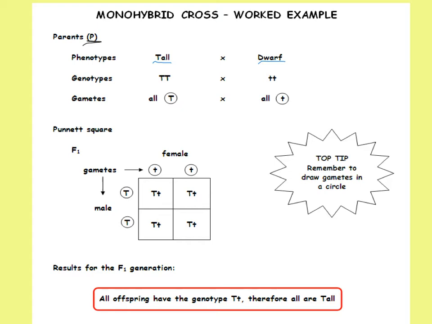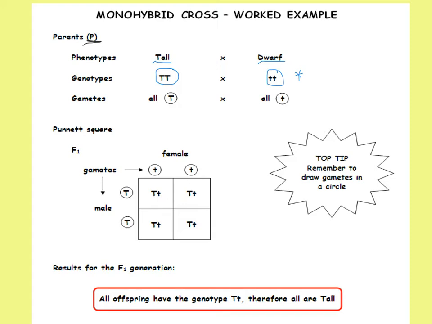So we know therefore the genotype of the tall one will be capital T, and the dwarf one will be little t. Now these are just ordinary, if you were to look into the ordinary cells of your pea plant, they would have these genes within them depending on which parent we're talking about.